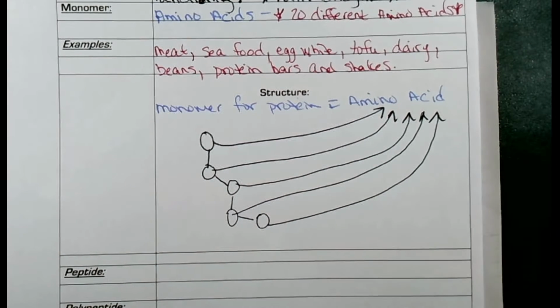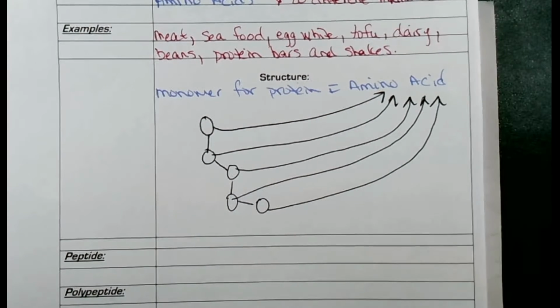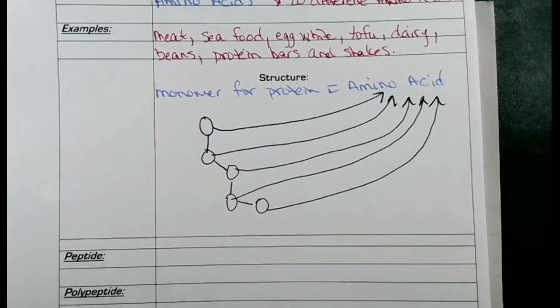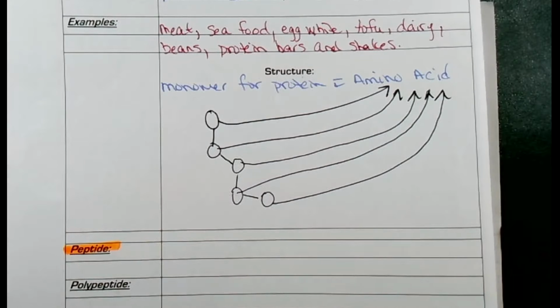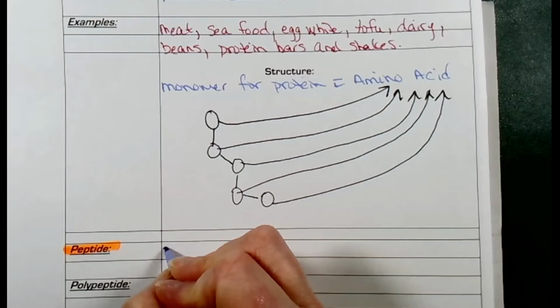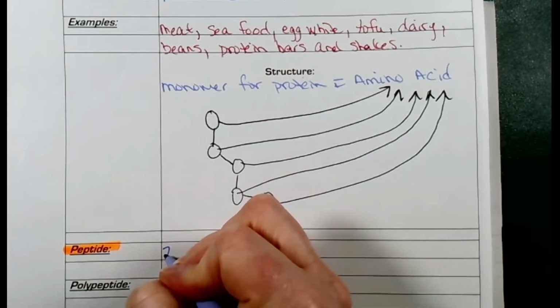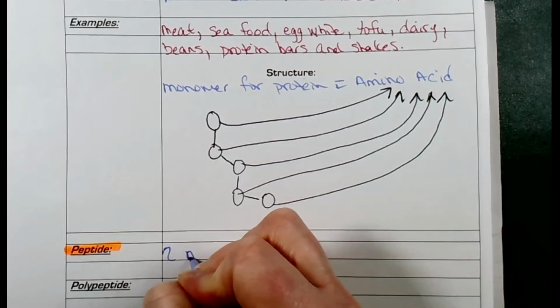So now we're going to go down to defining a couple more terms. You have peptide. Peptide is a very short chain of amino acids to make a small protein. All right? So again, a peptide is a very small chain of only 2 amino acids.